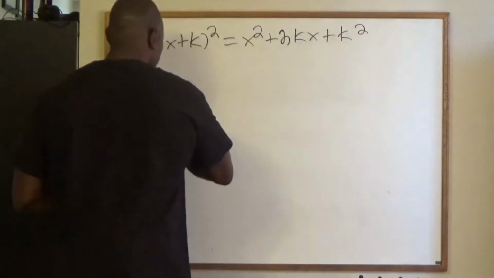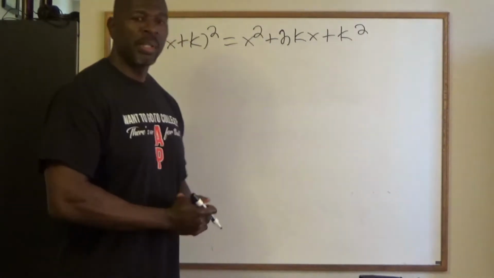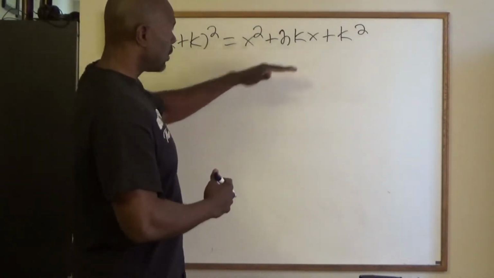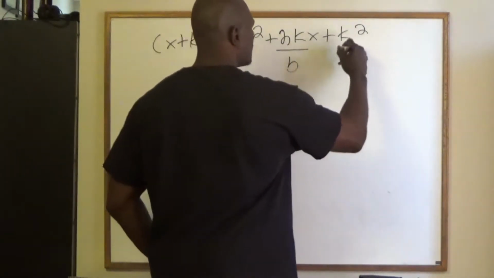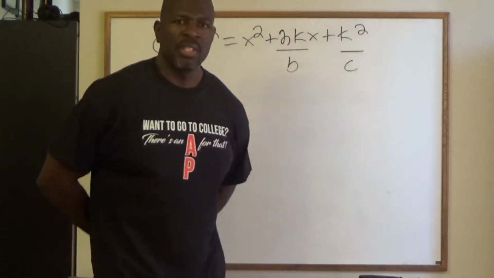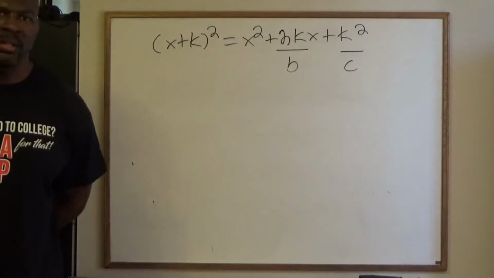And so when I have a quadratic trinomial perfect square, I want to recognize the relationship between the coefficient of x, which is a lot of times called b, and the constant, which is a lot of times called c. If you notice, the coefficient of x is 2k and c is k squared.